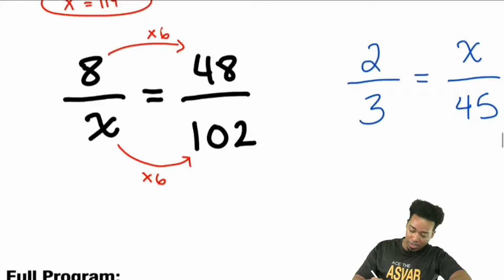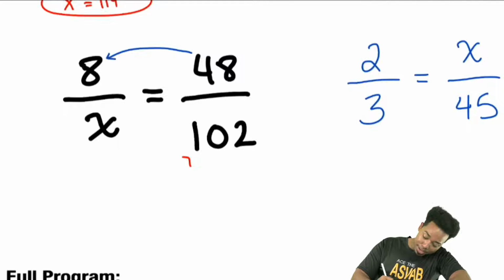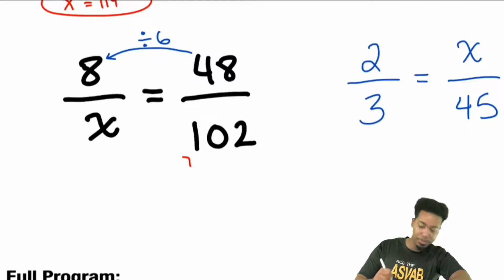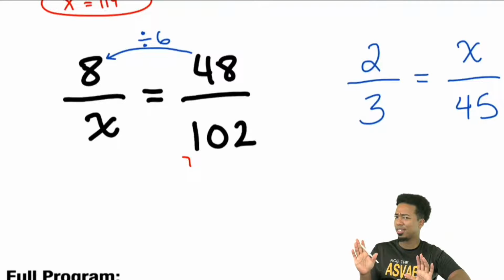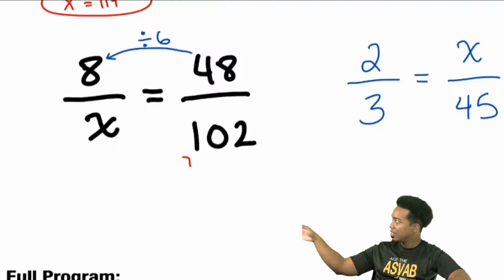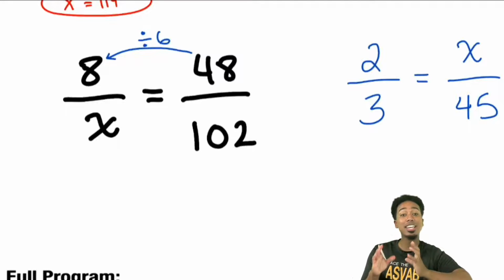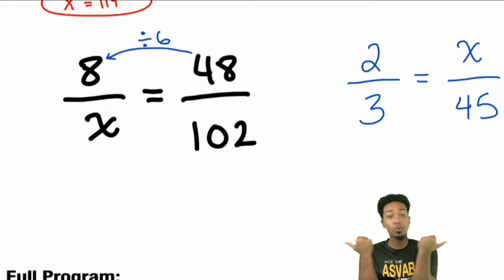What I mean is, instead of thinking about it as times 6 from left to right, notice that you can do divide by 6 from right to left. Does that make sense, everybody? Nothing crazy, right? If you're going from the right to the left, from 48 to the 8, you divide by 6 if you're going from right to left, right? That's all I'm saying. We got to think about it as multiplication and division are literally the same operation, just opposite directions.